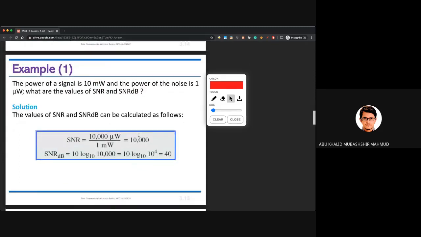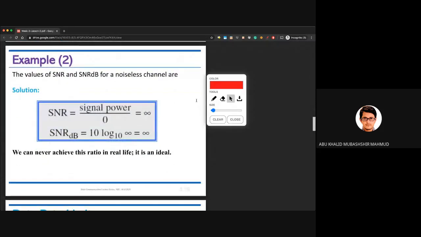Now here we see this kind of signal to noise ratio example. It's kind of self-explanatory, so I leave you to your self-study. Now let's move on forward.